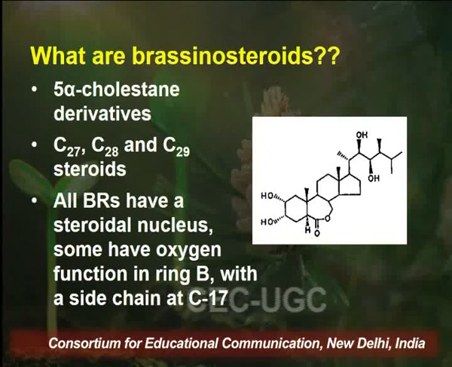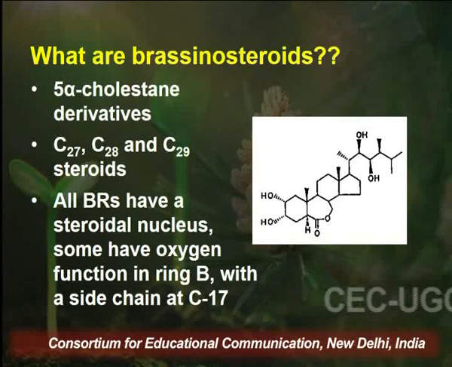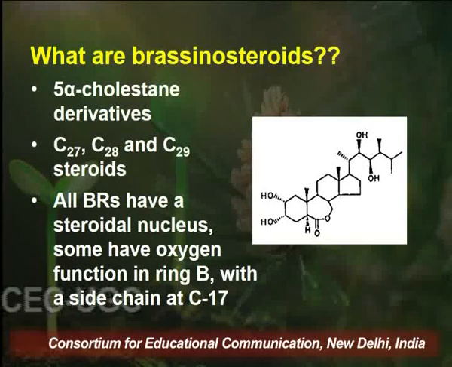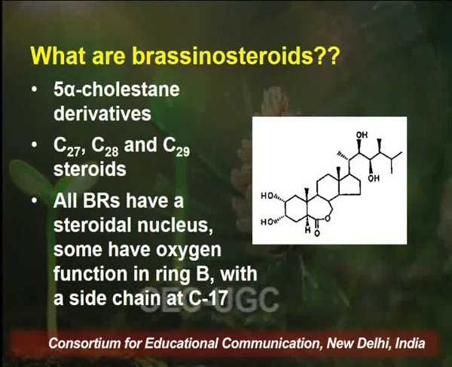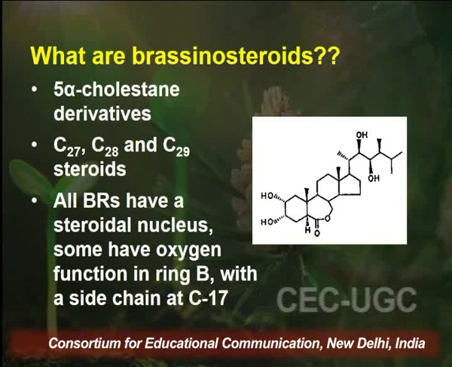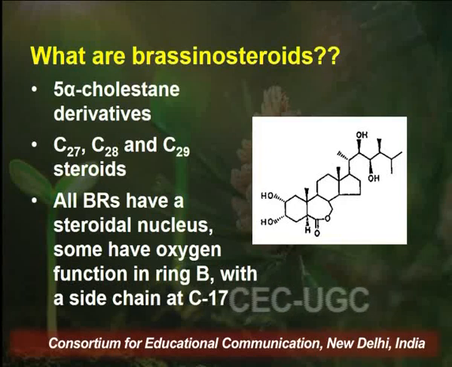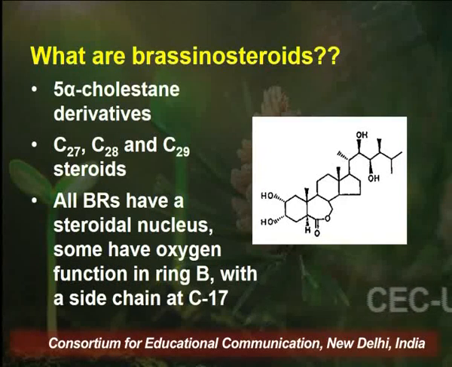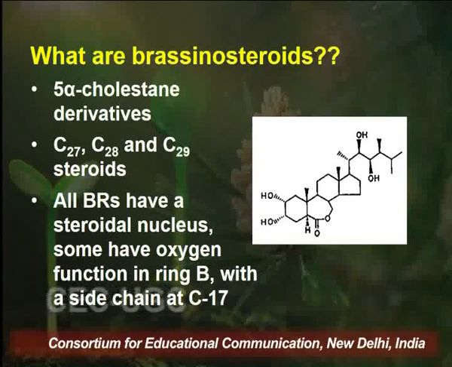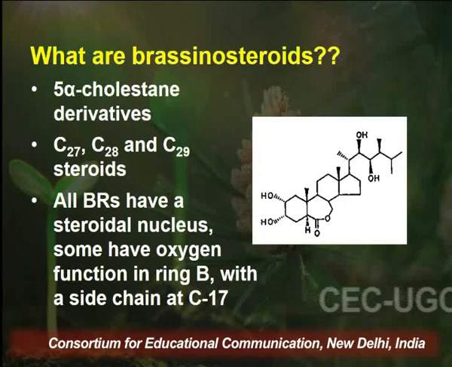Depending upon the number of carbon atoms present in the structure, they can be categorized into C27, C28 or C29 brassinosteroids. This variation in the number of carbons is largely due to the variation in the side chain attached to the steroidal nucleus.